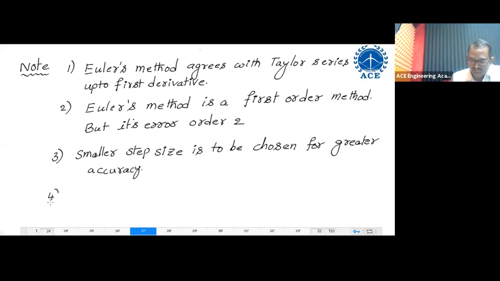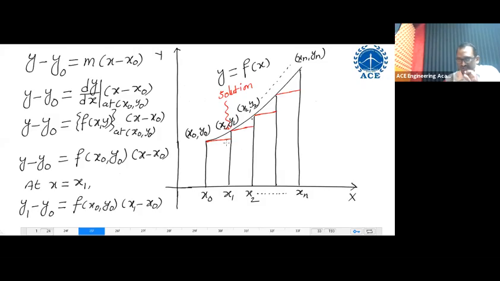Means if you want a more and more accurate answer, you need to split the given interval into equal lengths of subintervals such that every subinterval length is very, very small, so that curve shape and tangent shape are almost the same.